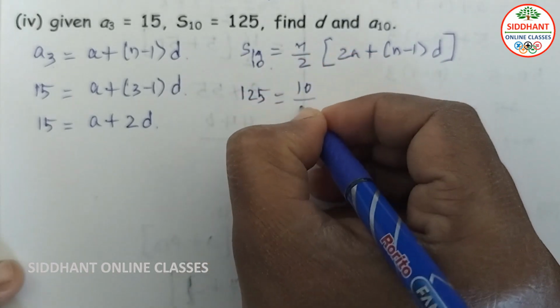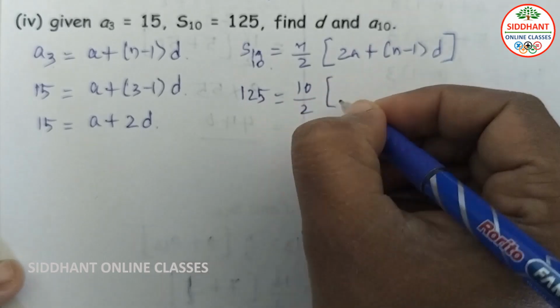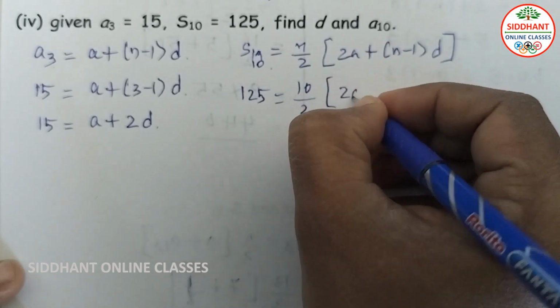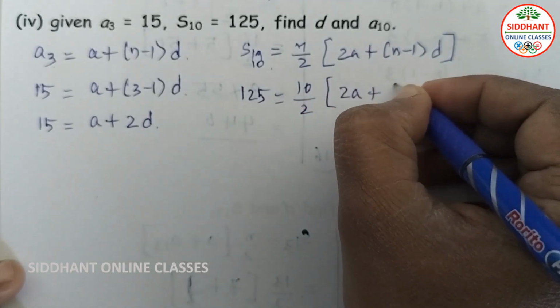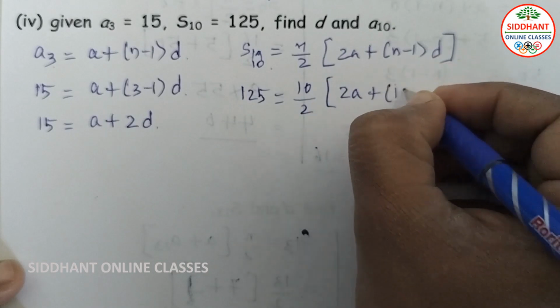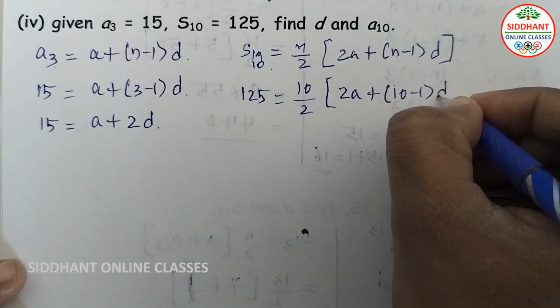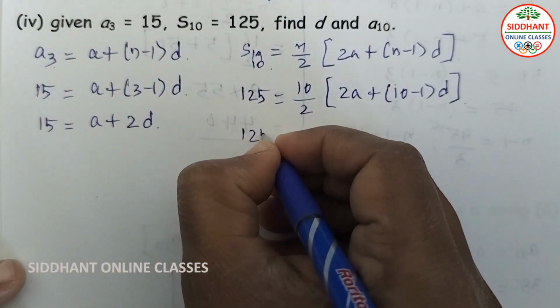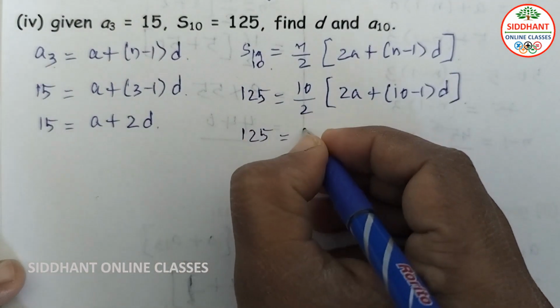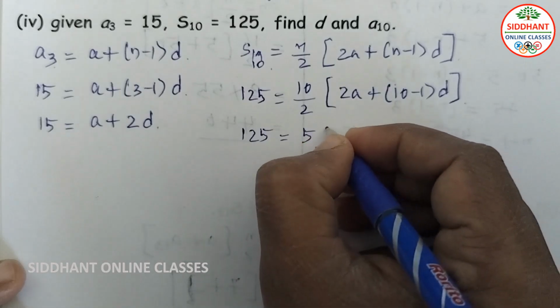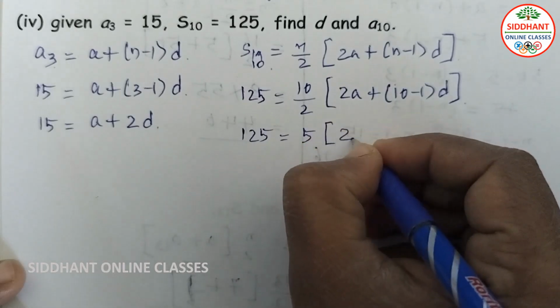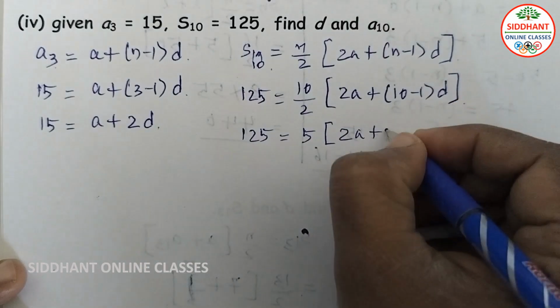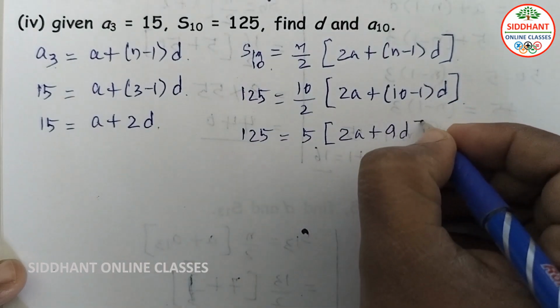So 10 by 2 into 2a plus n minus 1 d, where n is 10, 10 minus 1 d. So 125 equals 10 by 2, which is 5, into 2a plus 9d.